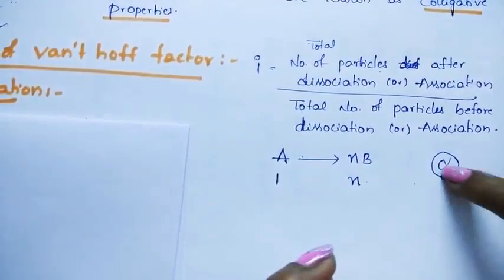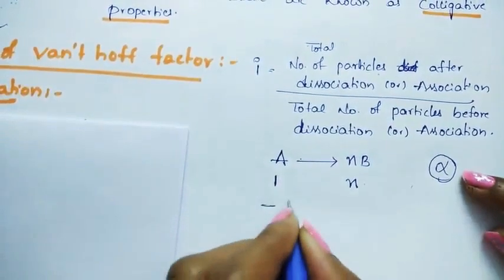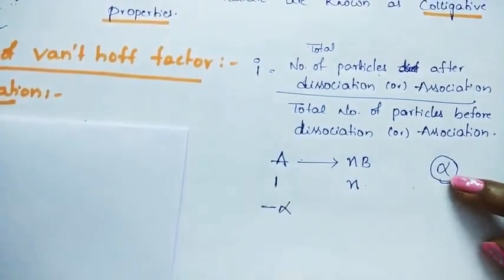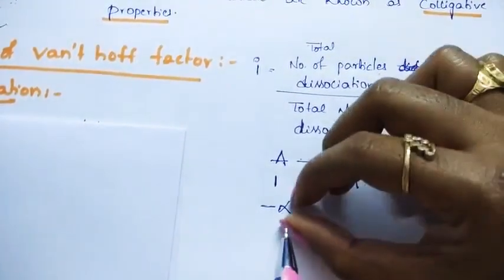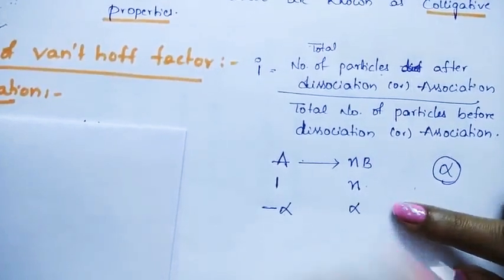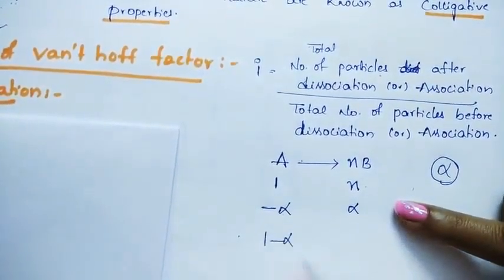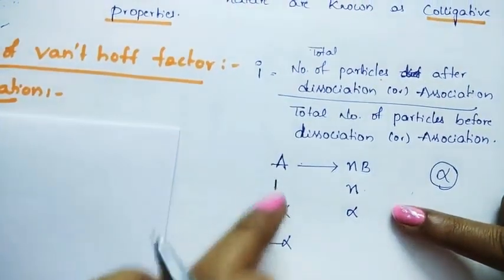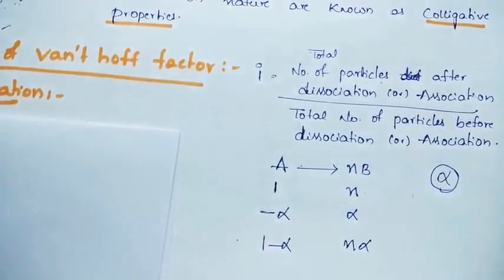Here alpha is the number of moles that is converting into B. What I do is minus of alpha, I do 1 minus alpha. Why? From 1 you should subtract this, because this is the amount which is converting into B, and here it is forming. So alpha. At equilibrium what I do is 1 minus alpha. Understand, students? 1 minus alpha, and n alpha of B is formed.